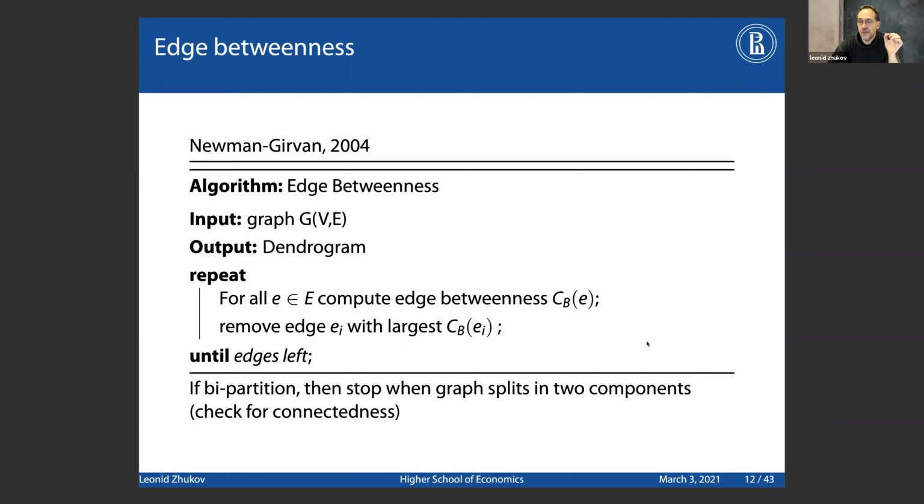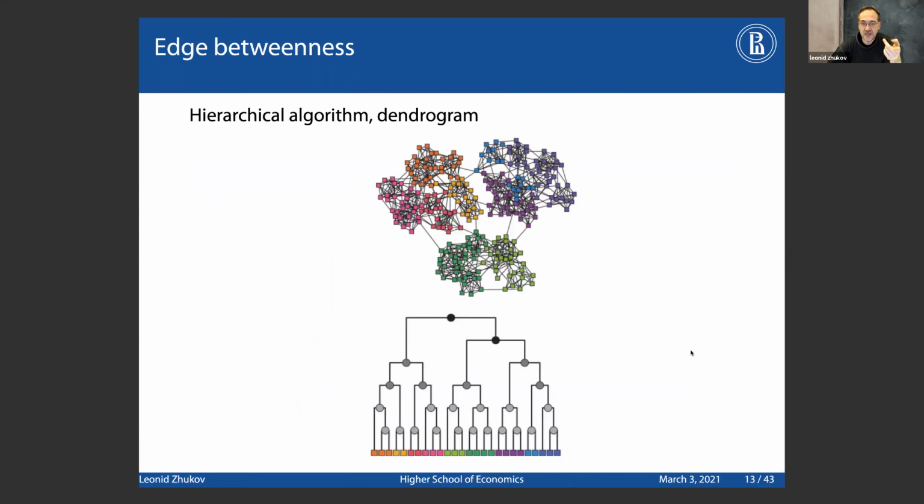Now, we're not explicitly optimizing anything here. That's why it's a heuristic, but the process leads to nice graph partitioning. If you run this algorithm here, this is the partitioning we get, and that's the dendrogram, the tree. The way to read it is exactly the same as for any clustering algorithm, right? This is the first level split.